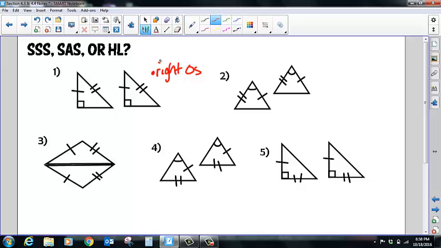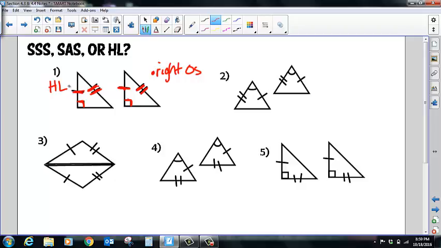It doesn't necessarily mean it's always going to be hypotenuse leg, but you should check for it. So, do we have right angles? Yes, we do, here and here. Are the hypotenuses of the two triangles marked congruent here and here? Yes, they are. And then, do we have a corresponding leg marked congruent? And the answer is yes, we do. So this would be congruent through hypotenuse leg.